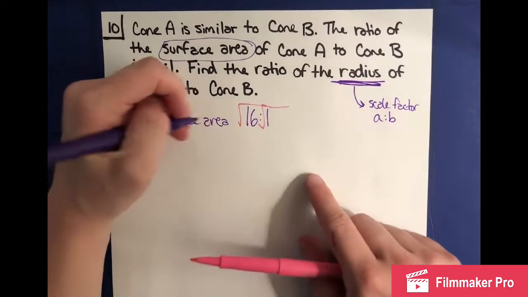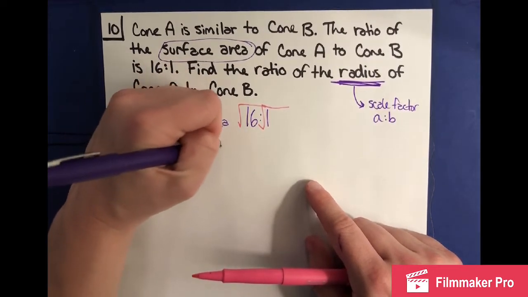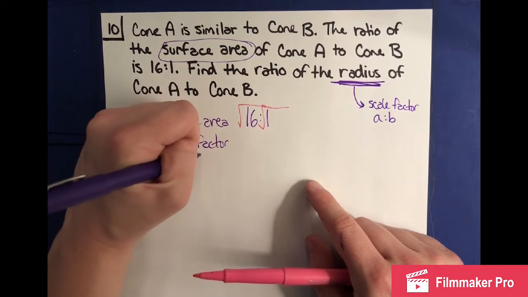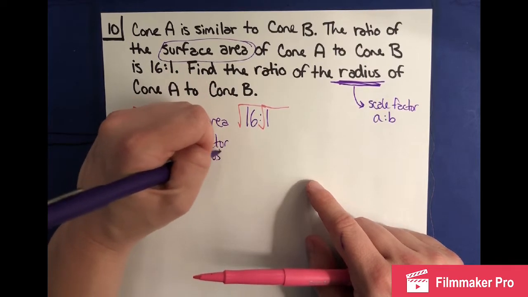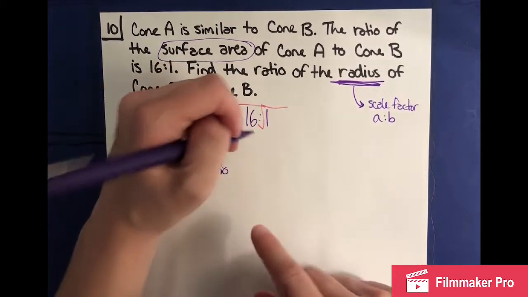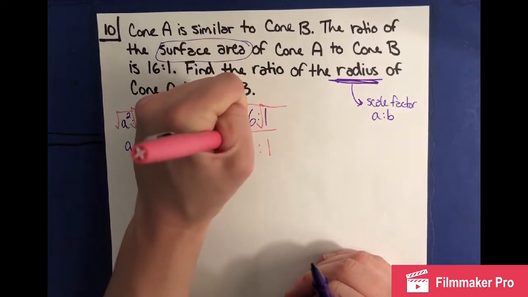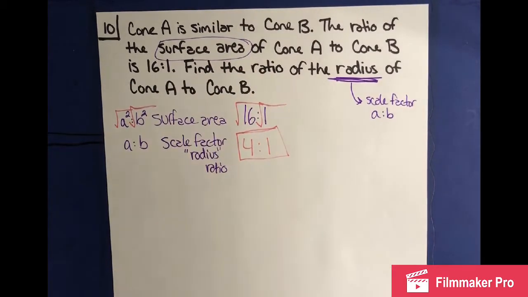And that gets us to the scale factor. And in this case, it's also the radius ratio of 4 to 1. Okay, so that's what we got there.